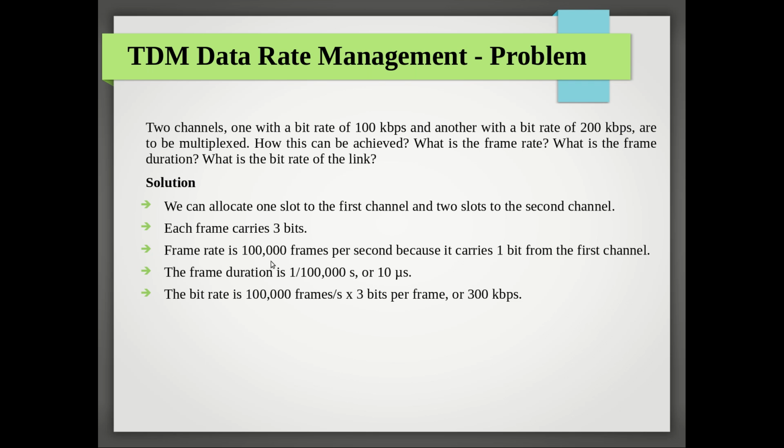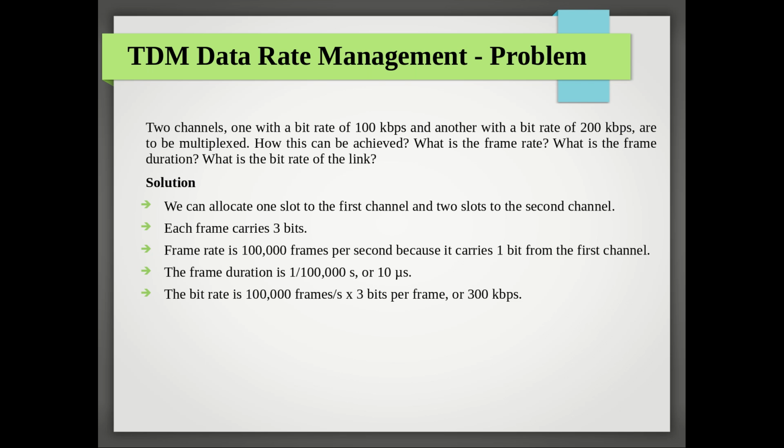So every frame contains 2 bits from the second input line, so 100 into 2 bits, totally 200 kilobits we are actually taking in every second on the outgoing link. 200 kilobits are coming and 200 kilobits are being taken. So both input and output speeds are now matched, and without any waiting, the second input line can also deliver its information to the receiver.